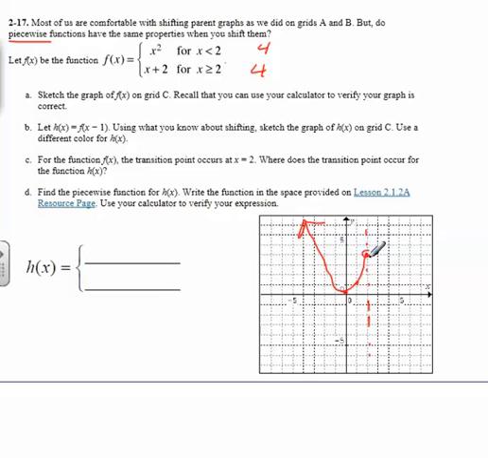The other one had the open dot, but the line has the solid dot, and we go up with the slope of 1. So there's our sketch. Let h of x, our new function, be what we get when we shift it over. And let's shift that over. Let's do that in a different color. So let's shift this one over to the right 1 unit.